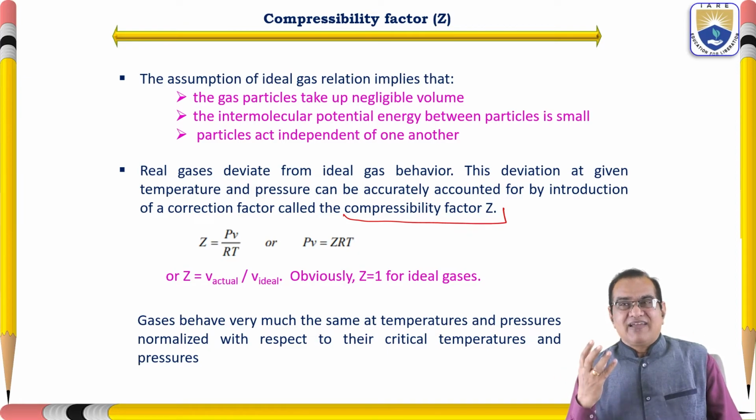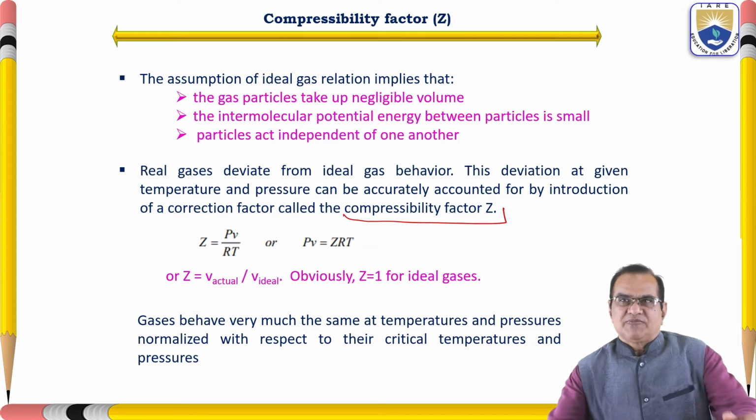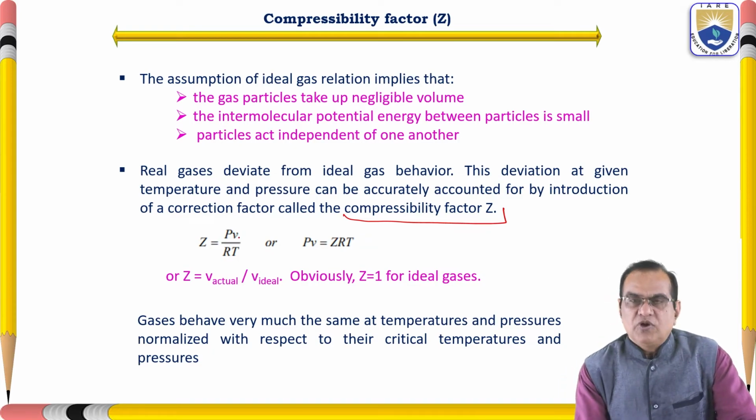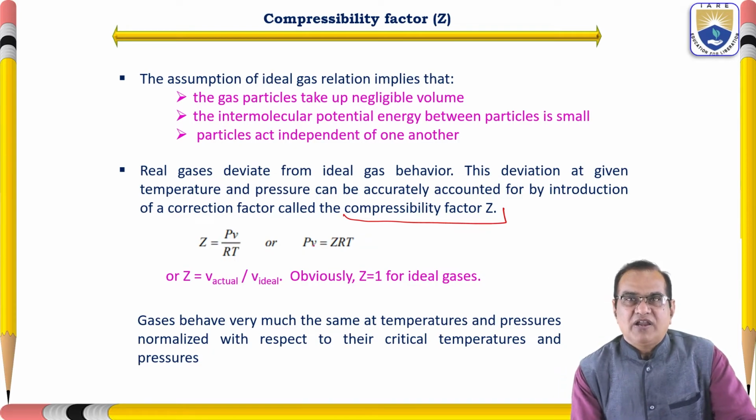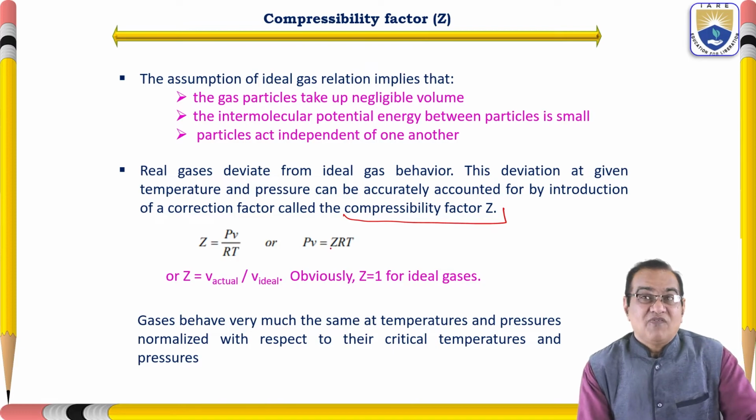That compressibility factor is called Z, which accounts for the real, accurate value of different properties. This compressibility factor Z is equal to PV by RT, or PV is equal to ZRT. This Z will have some values.